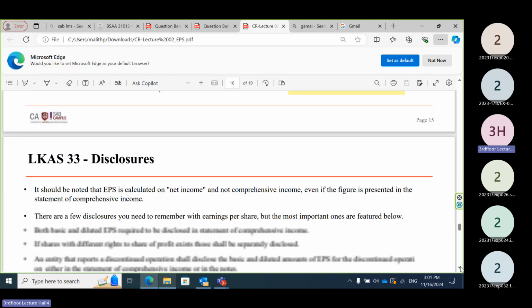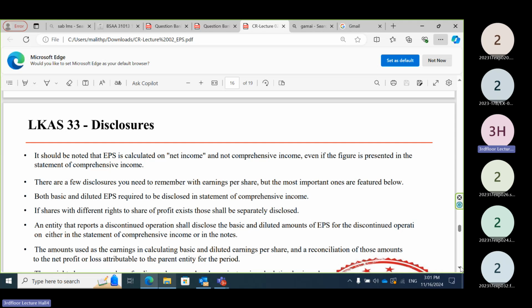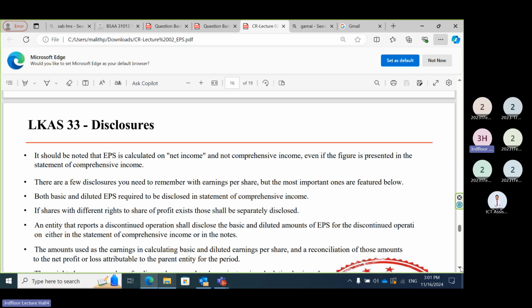The final slides relate to disclosures, earnings per share related disclosures, right? So basically we need to disclose basic earnings per share and diluted earnings per share. If there's no dilutive impact, we need to mention that there's no dilutive impact, right?